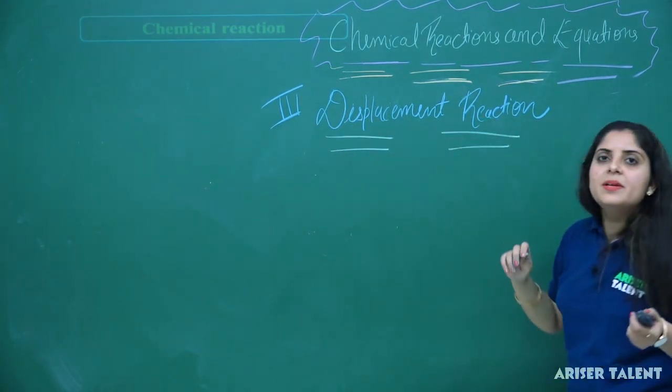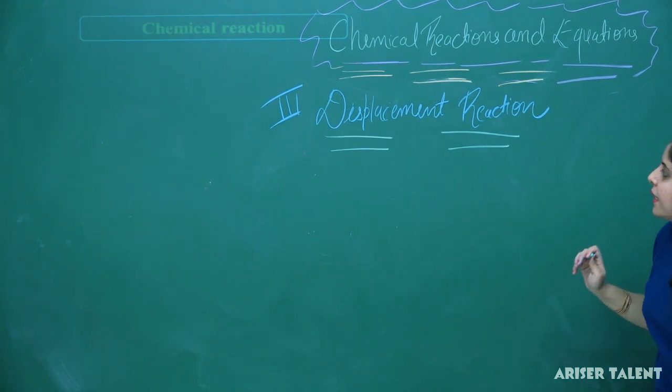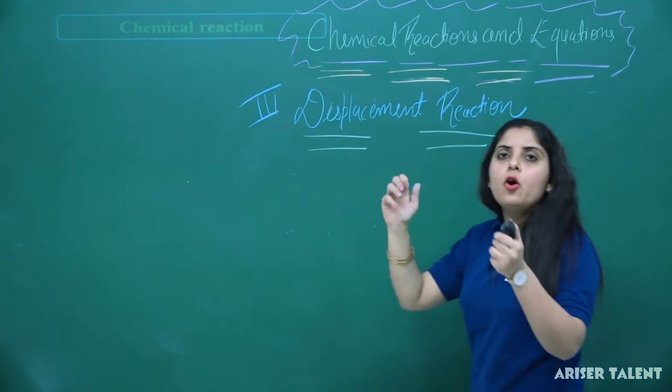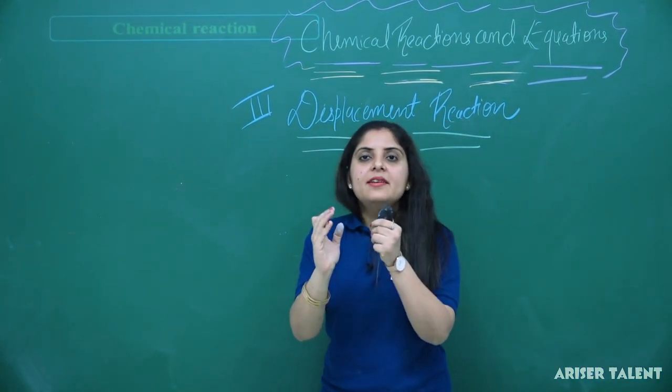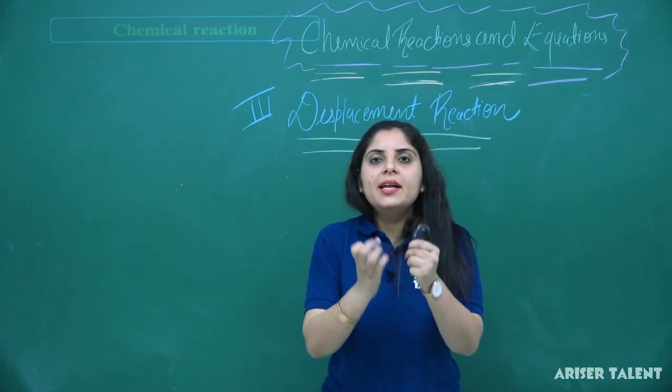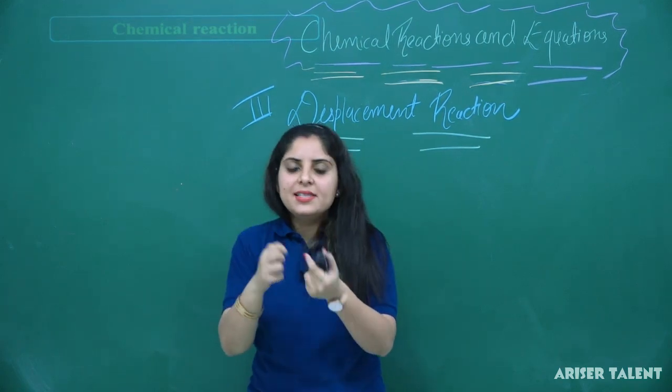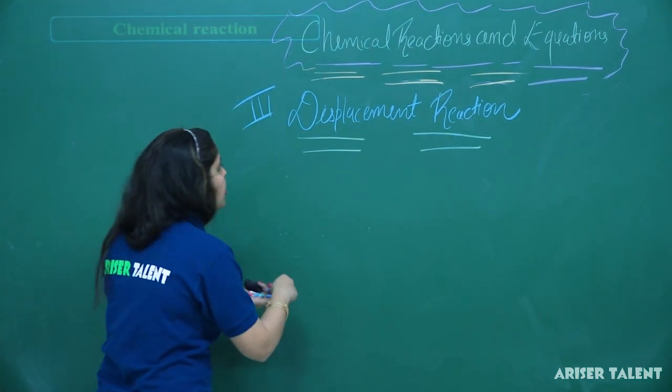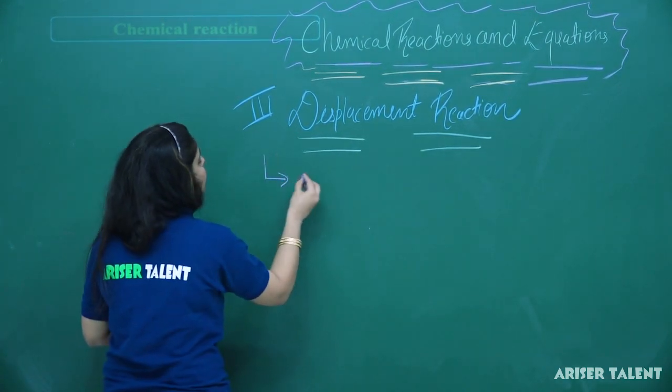Again, in the displacement reaction, the name indicates one element or the constituent element gets displaced by the other. In this type of reaction, one active element will displace the less active element. So what is the definition for the displacement reaction?